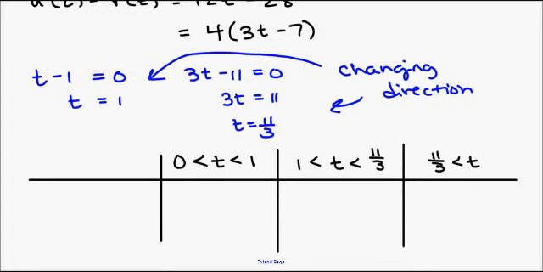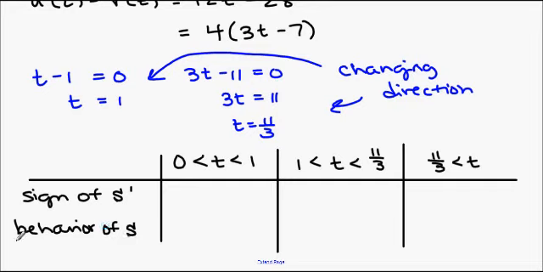Okay. And I want to know the sign of s prime, so the sign of my velocity. Then I want to know behavior of s and my particle motion.